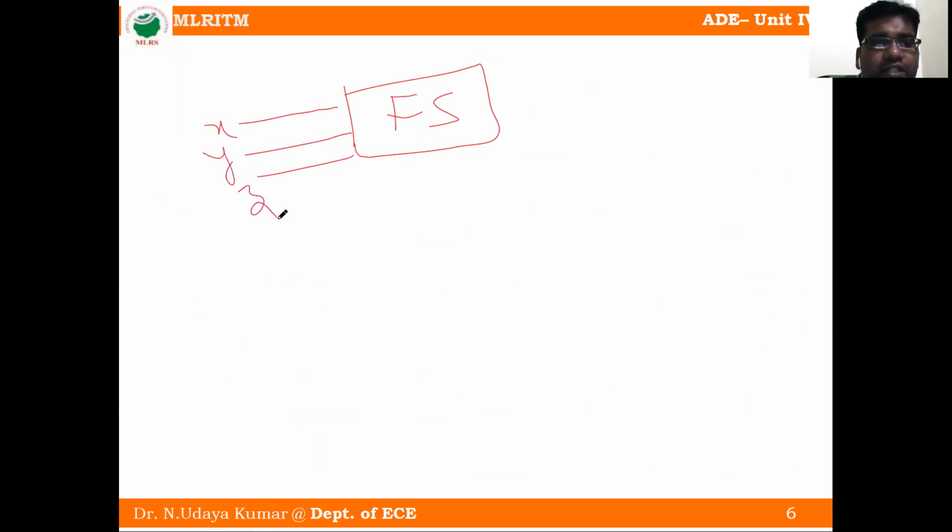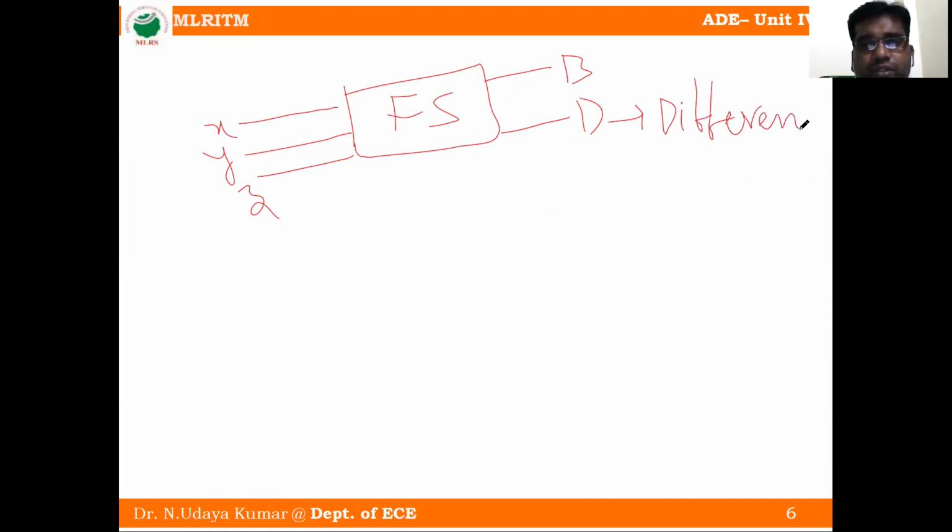So the full subtractor, FS, is nothing but we are giving three inputs, that means X, Y, and Z. We will get the outputs borrow and difference.